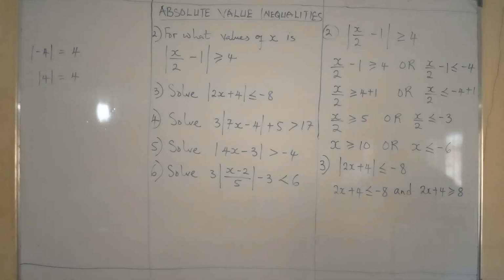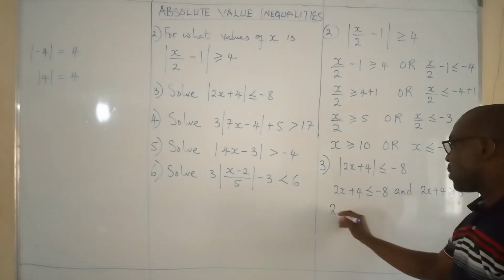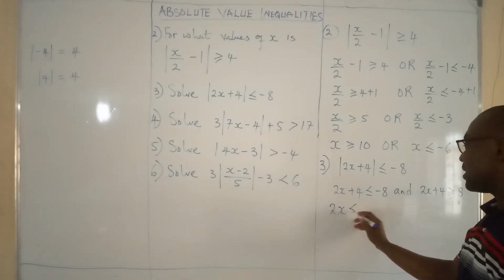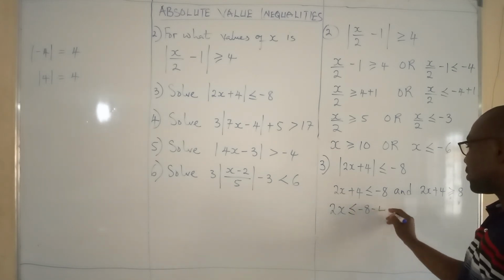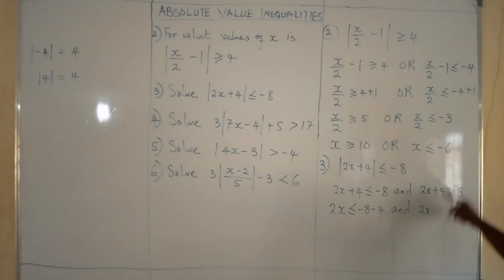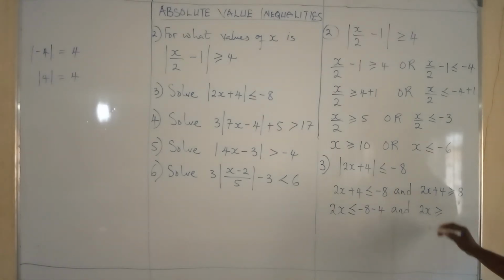All right. So from here, we'll see that 2x, when this 4 crosses over to this side, is less than or equal to negative 8 minus 4. And 2x, when 4 crosses over to this side, is greater than or equal to 8 minus 4.